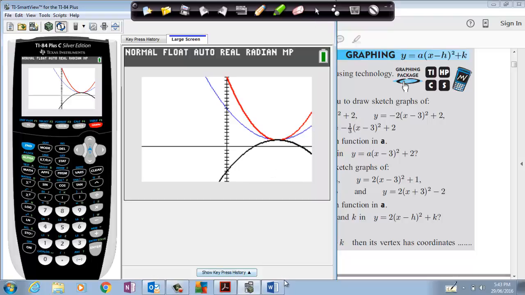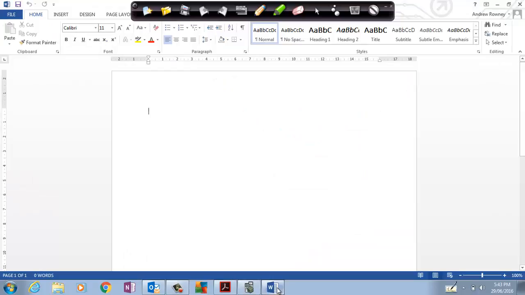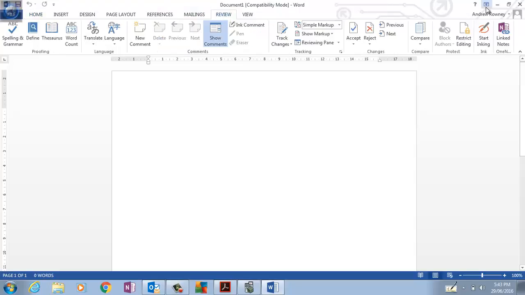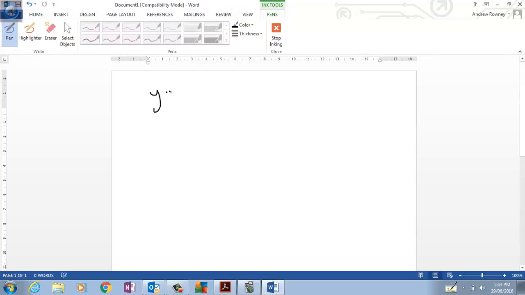Okay, so in general we can say that the vertex formula is y equals a times x take h squared plus k, where h comma k is called the vertex, and it has to be minus h and plus k for that vertex to work.